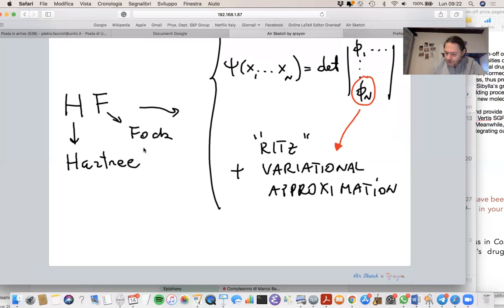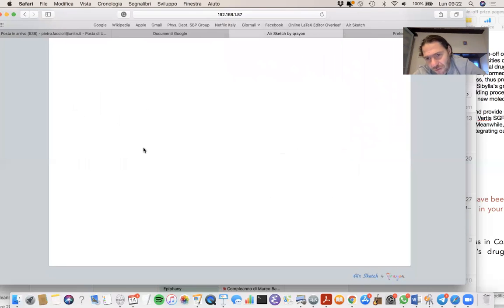Now, let me remind you of the ingredients of these calculations. Remember, when you're dealing with a many-body wave function, you are dealing with essentially positions and spin, and you can do that in different ways.